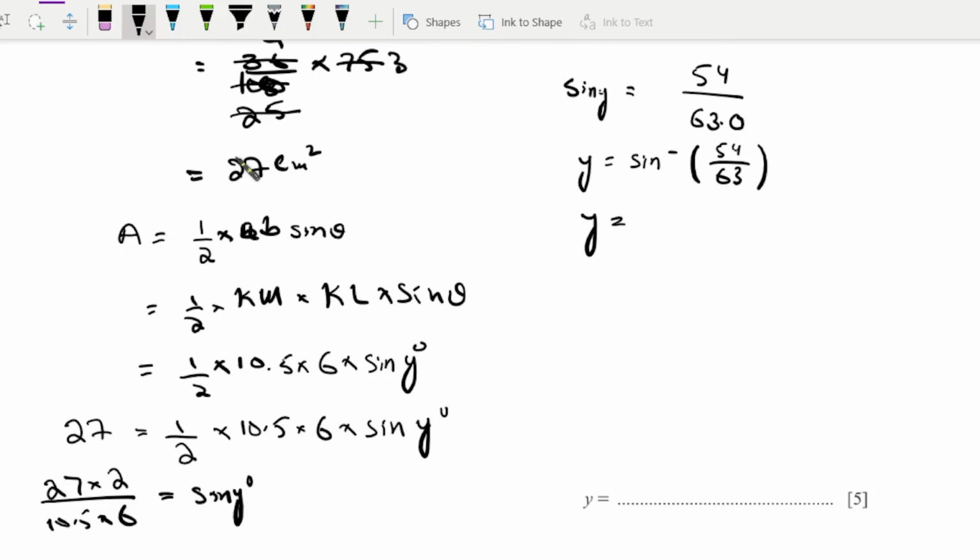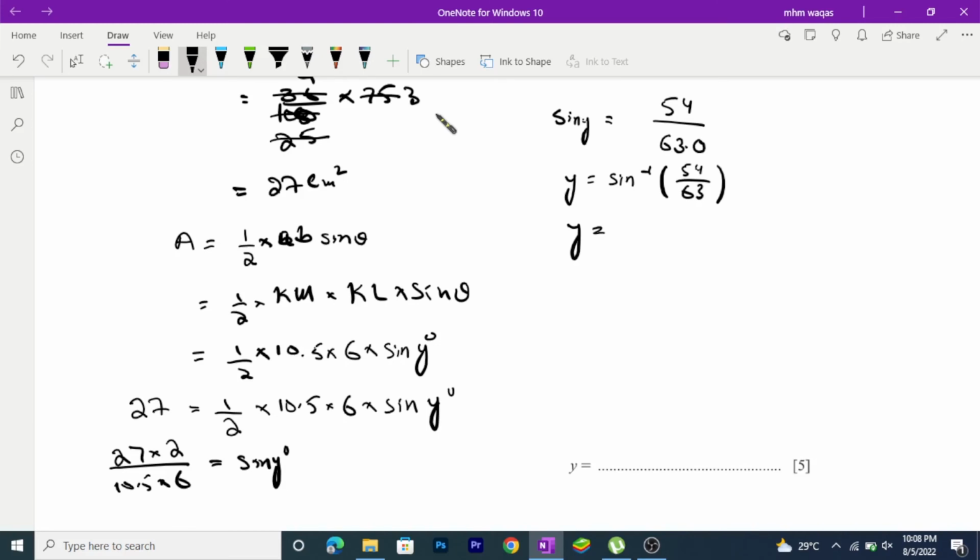And we can find out the value of y, 58.99. Angle is 58.99, approximately equal to 59 degree. So y is equal to 59 degree. 59 degree is the answer.